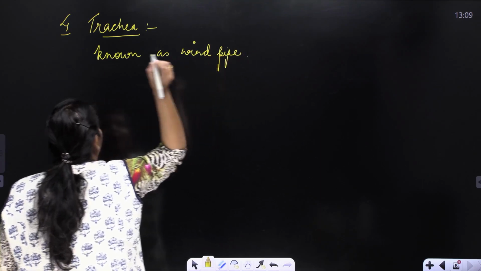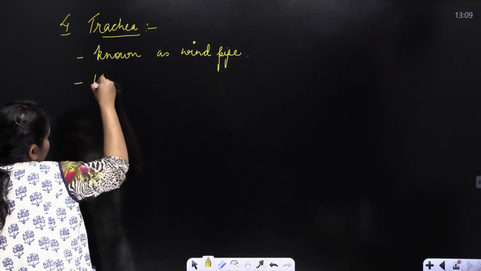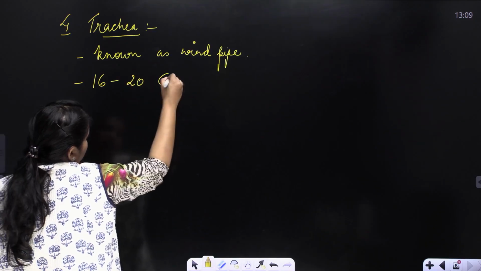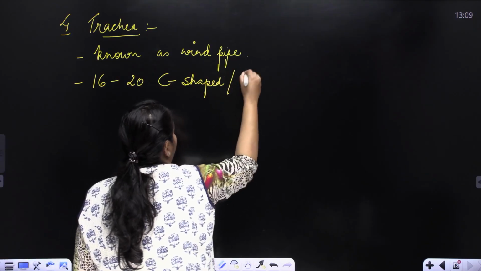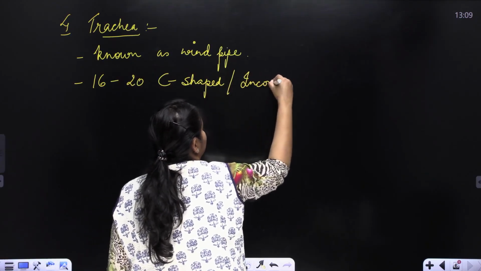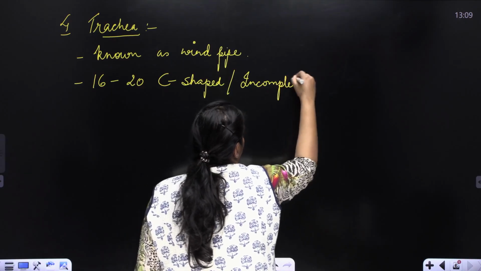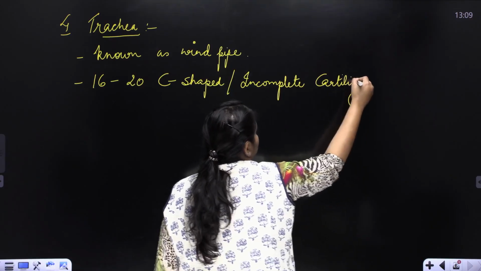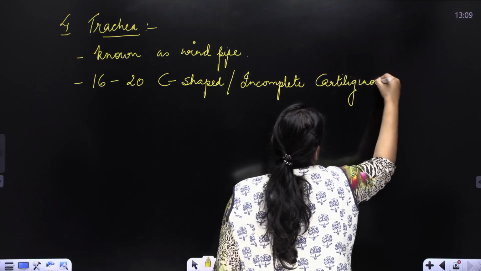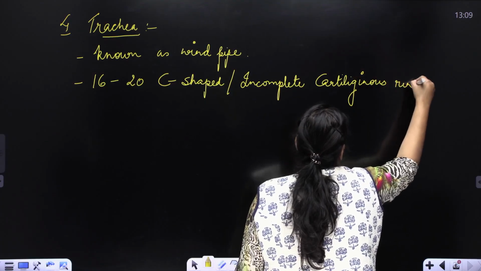The windpipe has 16 to 20 C-shaped or incomplete cartilaginous rings.